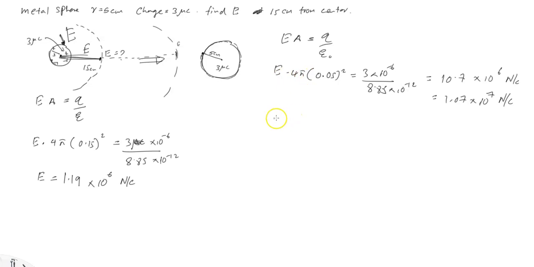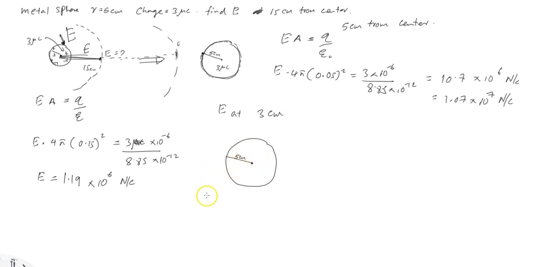Alright, now I want to find the electric field at a 3 centimeter distance from the center. The previous one was 5 cm from the center. Now this is a solid metal sphere with radius 5 centimeters.